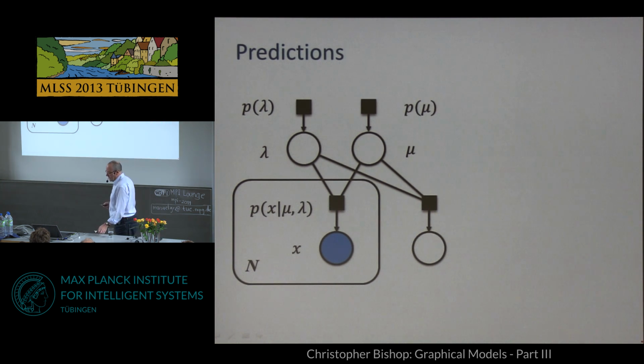So think about what happens as we increase the number of data points. As we get more and more data points, these distributions over the precision and the mean mu become narrower and narrower. I see more and more measurements of this hand position.